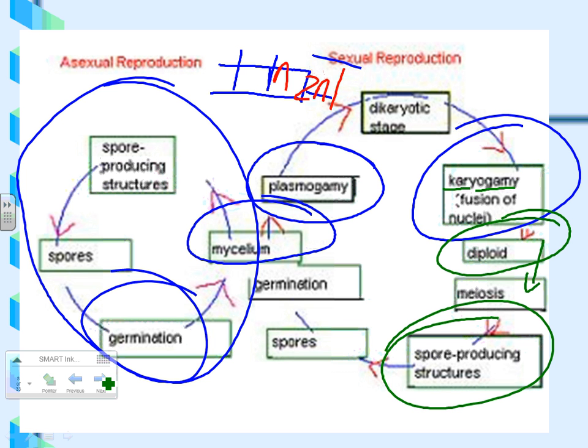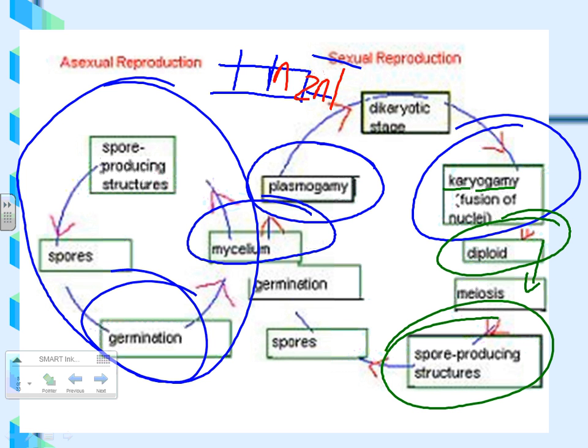That cell will undergo meiosis. Meiosis will take those chromosomes, split them back into haploids, also mix them up. So we're creating what here? What's the purpose of sex? Genetic variation. And those haploid cells that are created as a result of meiosis become spores.